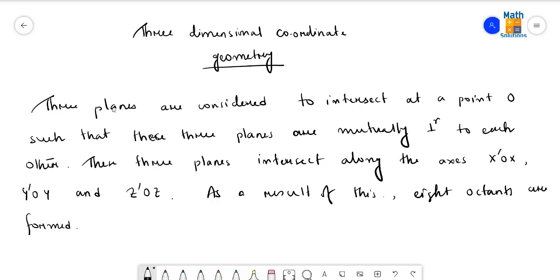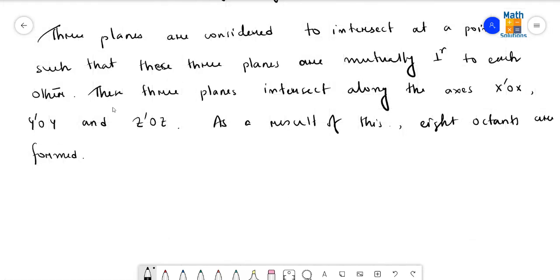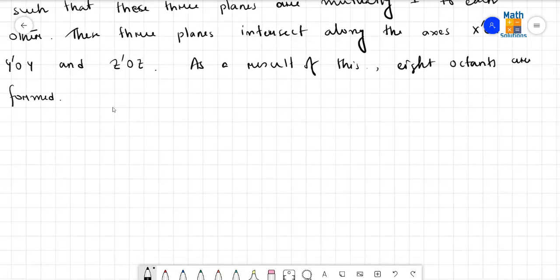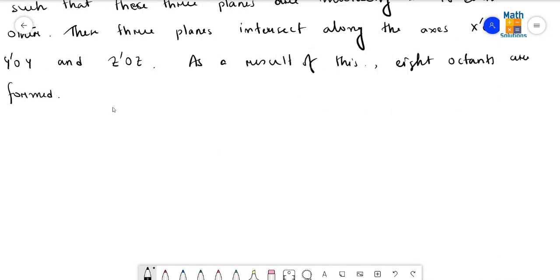Since this is a 3D figure, it is actually a bit difficult to show on plain paper. The figure means the three axes in three-dimensional space are considered to be like this. All these three axes will have their respective extensions in this way.